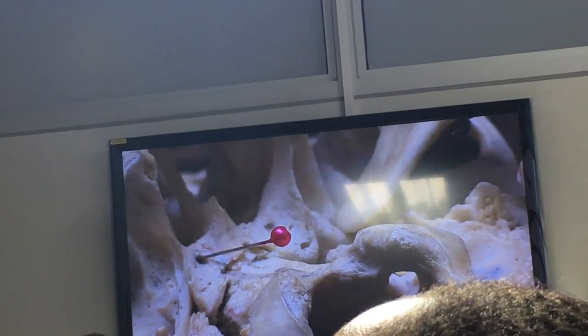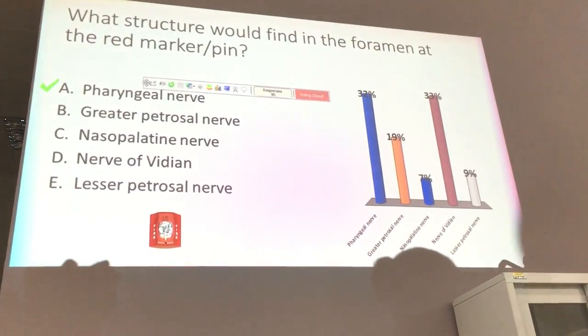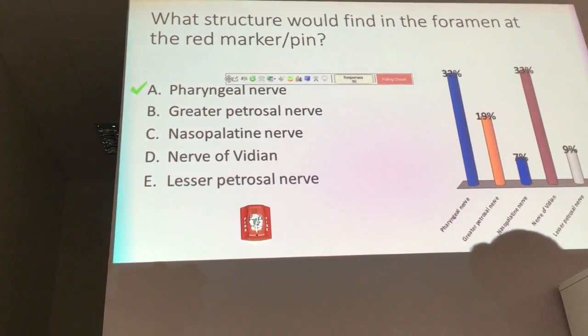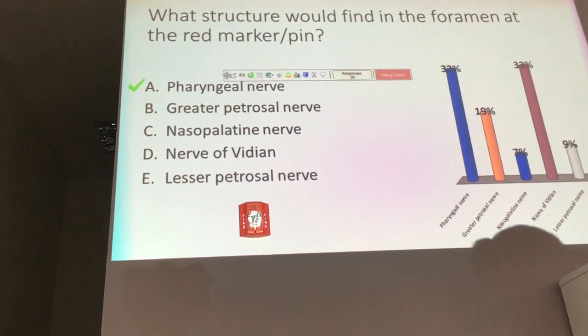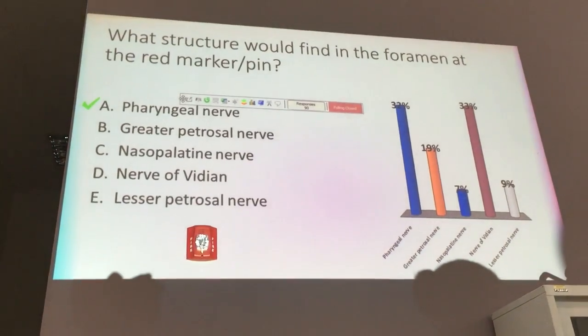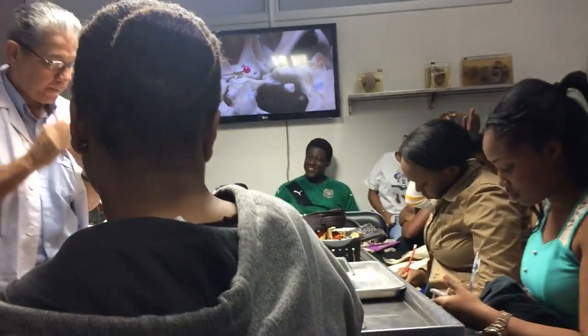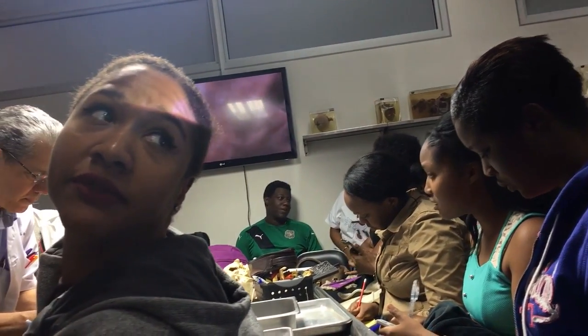It should be better still because you've done pharynx already and GIT, so you should know what's coming out of that foramen. That's the pharyngeal nerve coming from the pterygopalatine ganglion, supplying the pharynx.